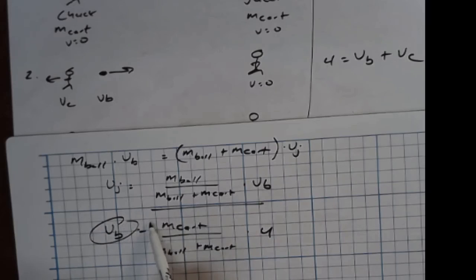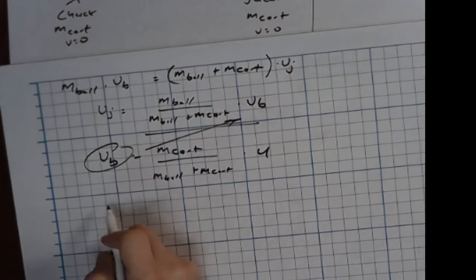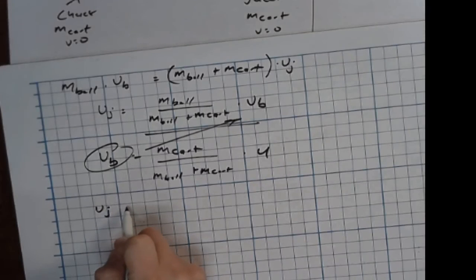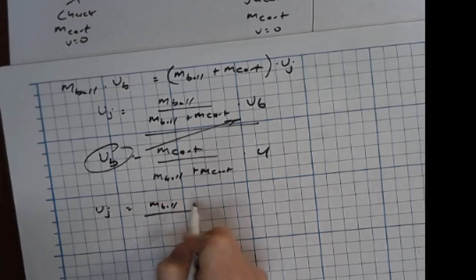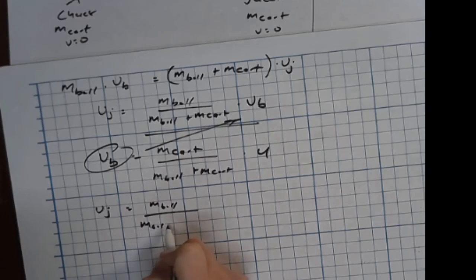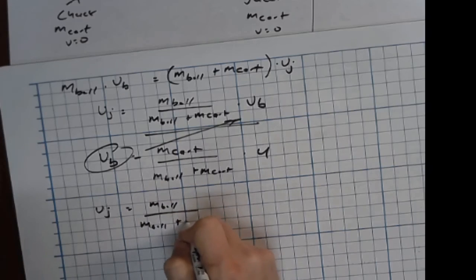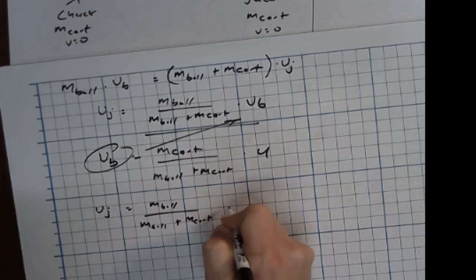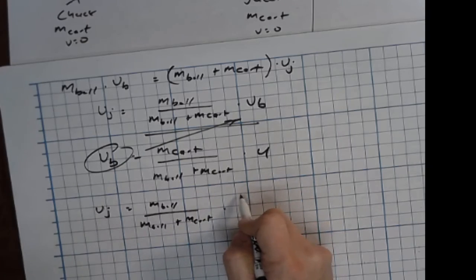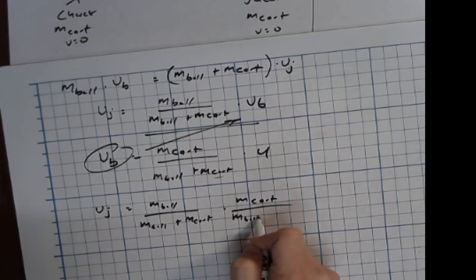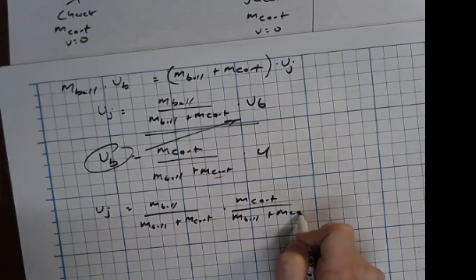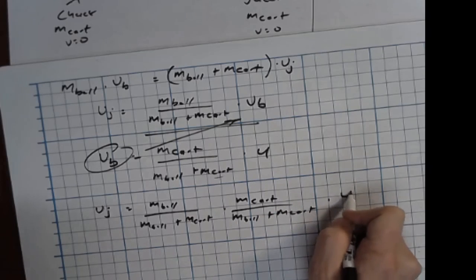So this goes there, and I'm going to get that the velocity of Jackie equals mass of the ball over the mass of the ball plus the mass of the cart times this thing, the mass of the cart over the mass of the ball plus the mass of the cart times u.